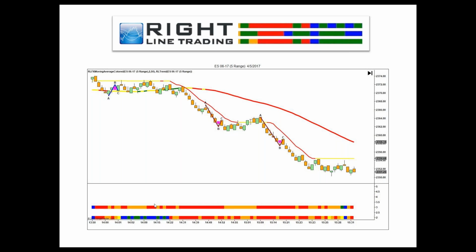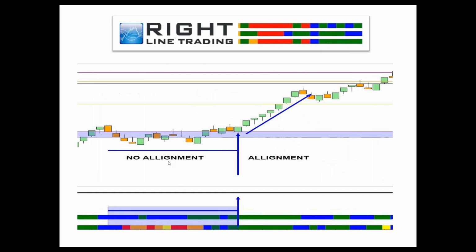So when there's no alignment of these two independent forces, you have to stand aside. Here's another period of time where there's no alignment and price chops. And as soon as it rolls, it breaks resistance to the upside and up you go.